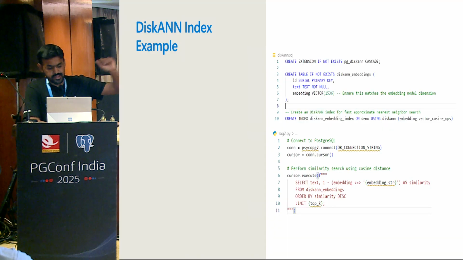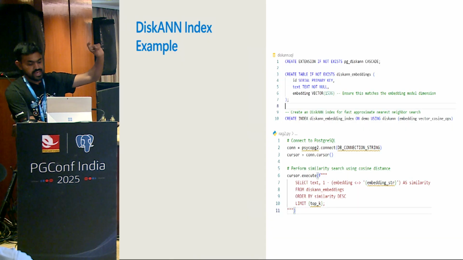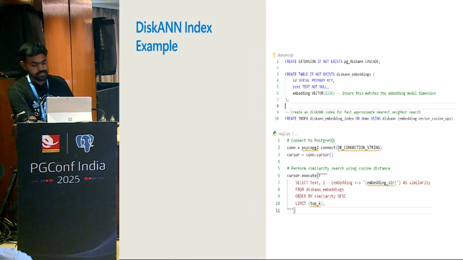And here is a quick code sample showing how to use this PG disk-ANN and how to get started, right? So you have a create extension, and you create a table with an embedding column, and then you create an index on the table using disk-ANN, and it uses the embedding column.